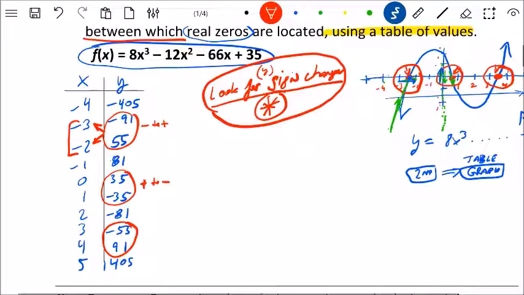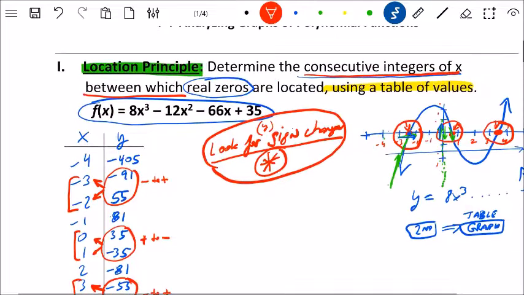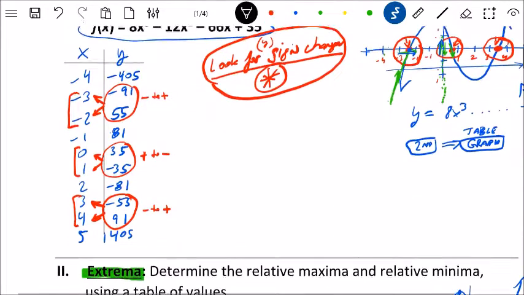And then for this one, we go from negative to positive. And so here we have the three zeros, and they each have two x values they're in between. So we're looking for the consecutive integers of x between which the real zeros are located.